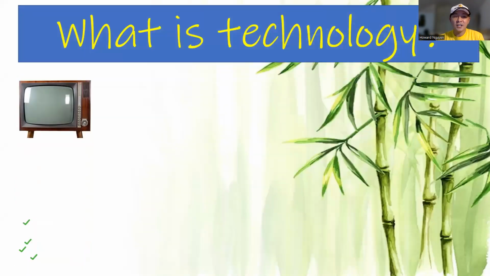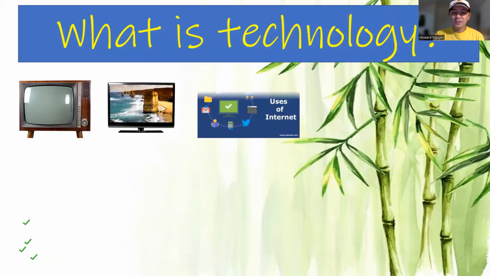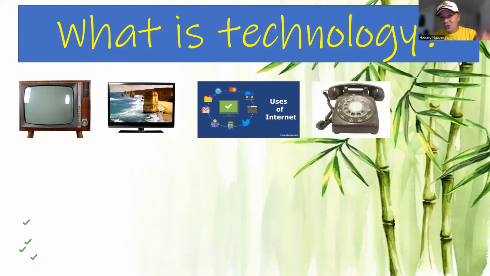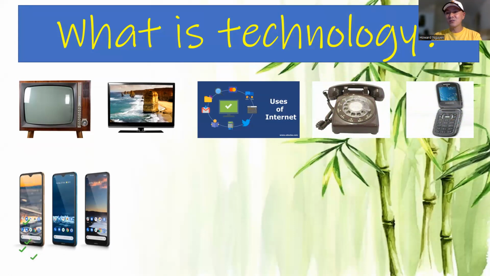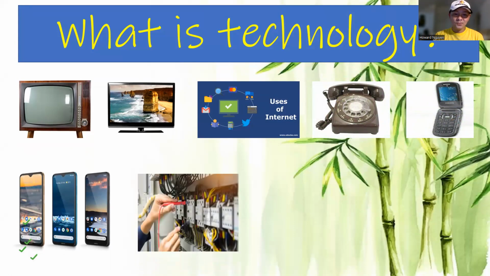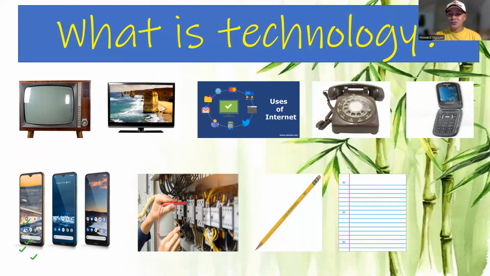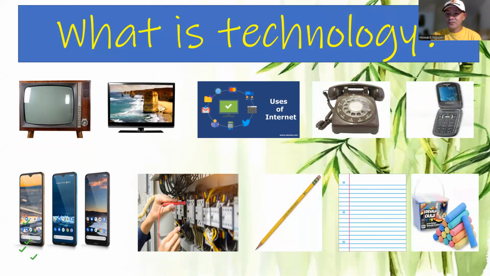So what is technology again? You see this old TV, this smart television, the internet, a rotary telephone, the flip phone, a smart cell phone, electricity, a pencil, paper, charts. All of these are examples of technology.